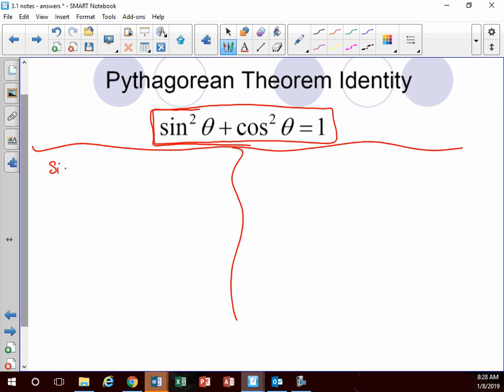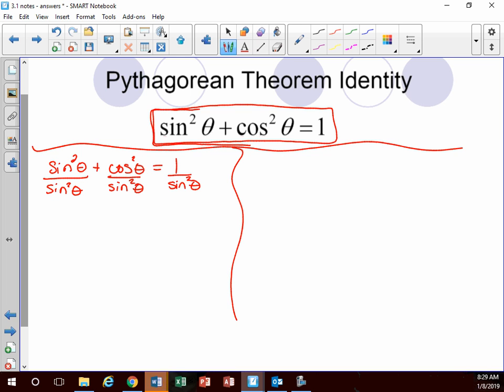All right, a couple of others that we can get from there. If I start with that basic sine squared theta plus cosine squared theta equals 1, and I divide every term by sine squared. Every single term dividing it by sine squared. Let's look at what we have left. What is sine squared divided by sine squared? Okay, that one's not supposed to be the hard one. 1?